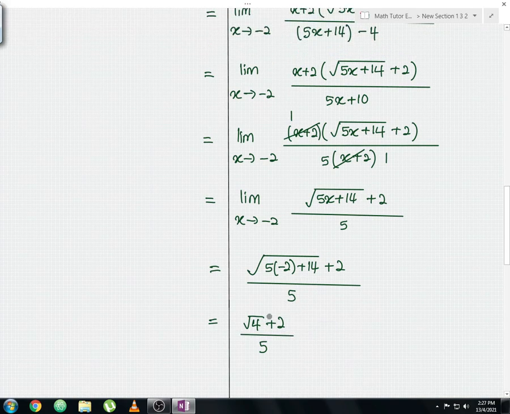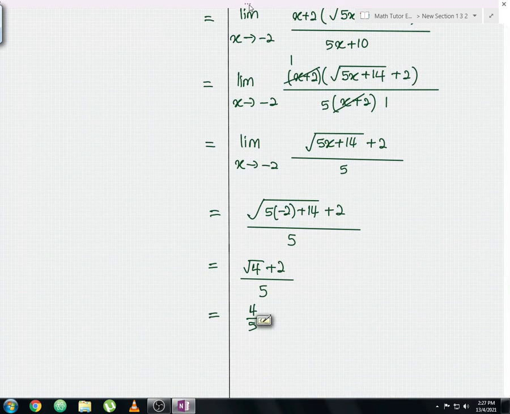So 2 plus 2 you should get 4. So from here you should get your final answer, which is 4 over 5. So this is your answer for the question part C. Let me write the 5 properly.